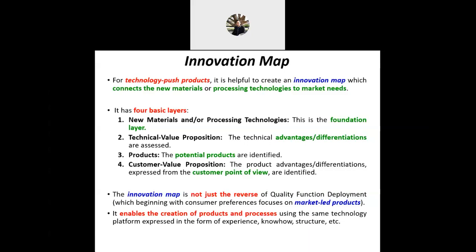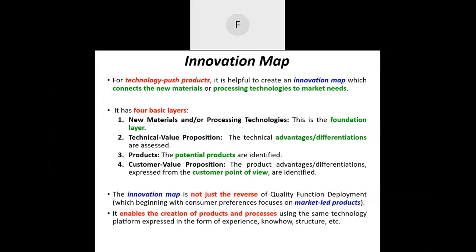Any questions about the business model canvas as well as the house of quality? No? I think it's quite easy.